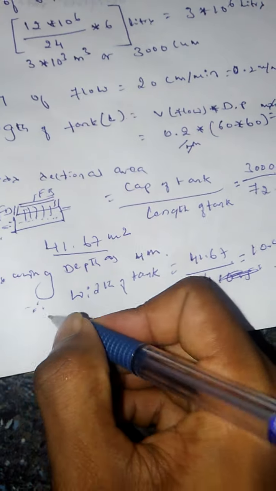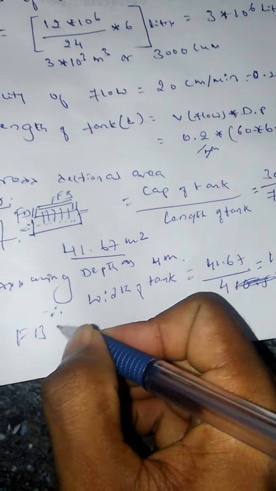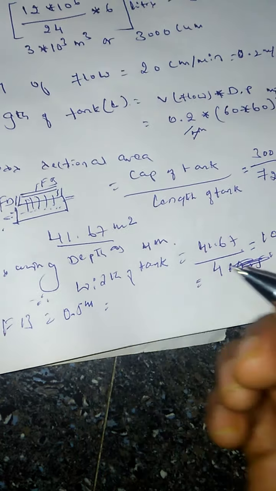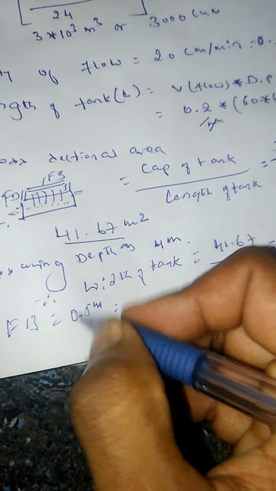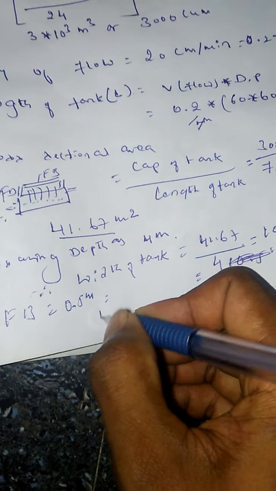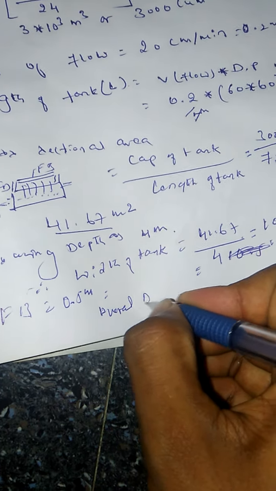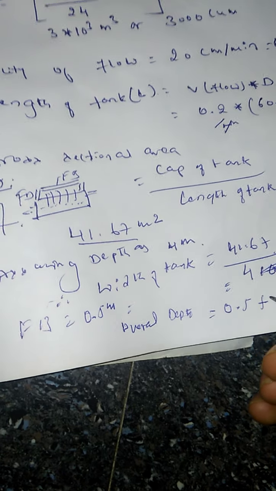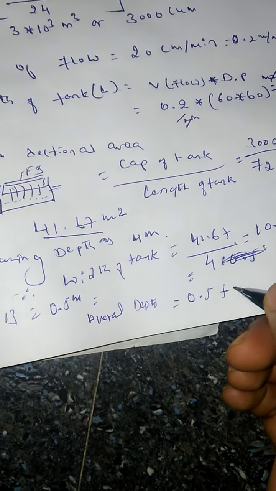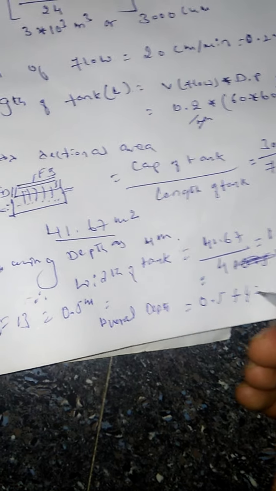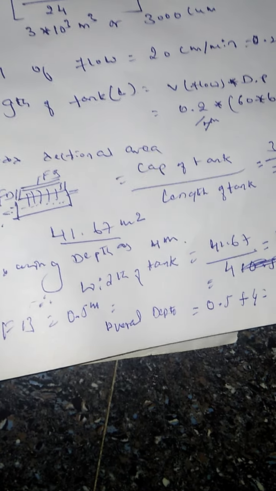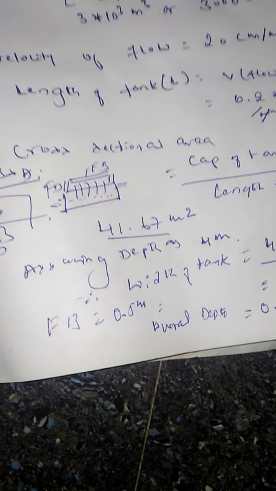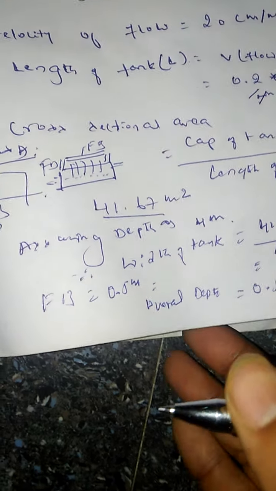So assuming freeboard of 0.5 meter, the overall depth is equal to freeboard plus depth, and we have assumed 4, so it becomes 4.5 meter.